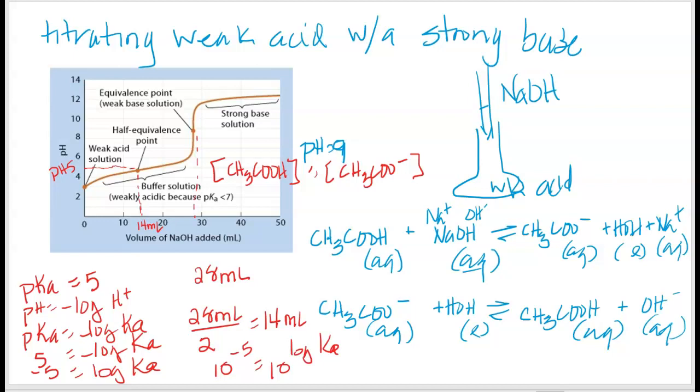So that means that 1 times 10 to the minus 5 equals the Ka. So this is the Ka of this acid.